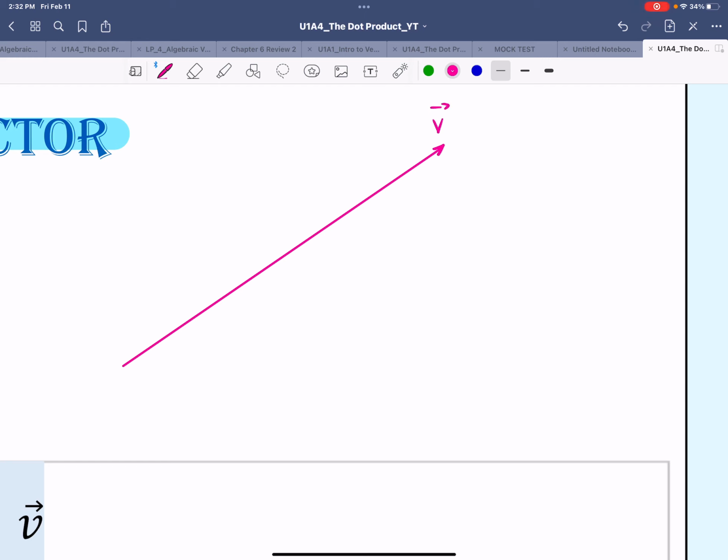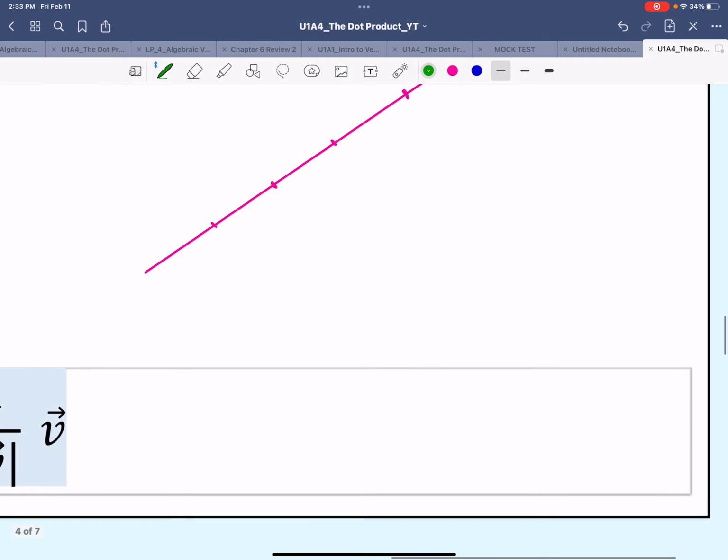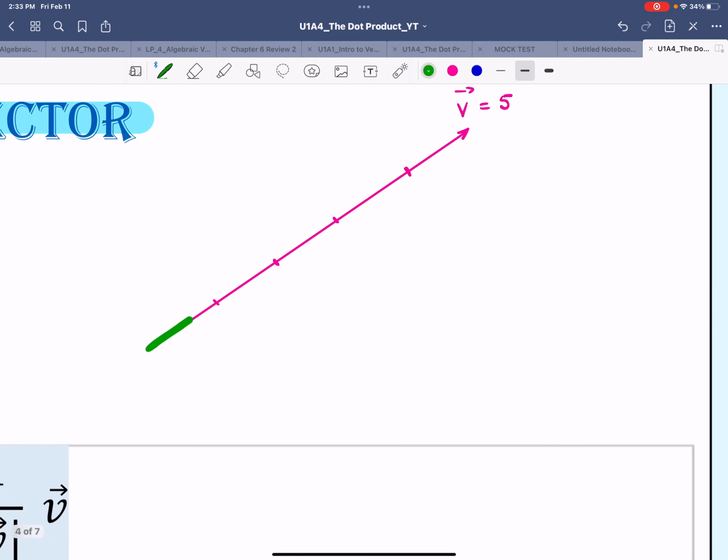We're going to give vector v, for example, 5 units in length, which means that if I divided this line that represents a vector into 5 equal parts, then each part will be 1 unit of the vector v. In other words, this vector here will represent the unit vector v.